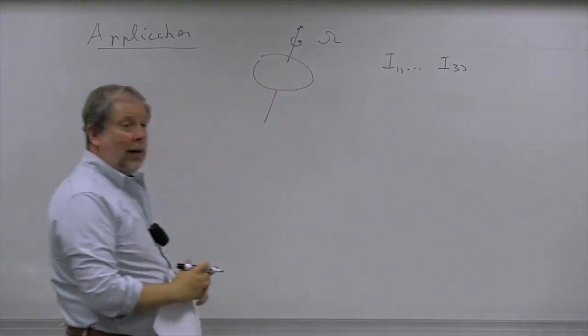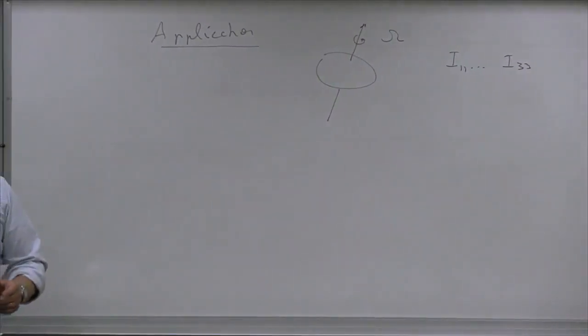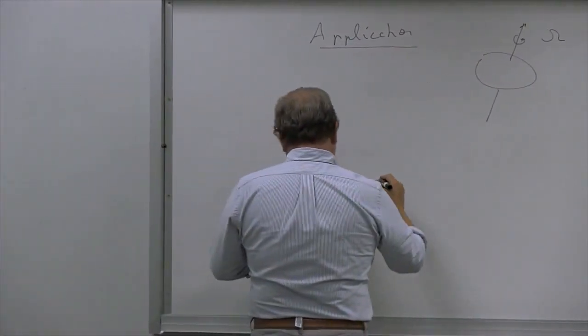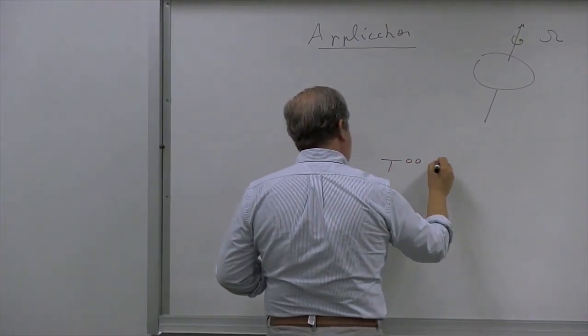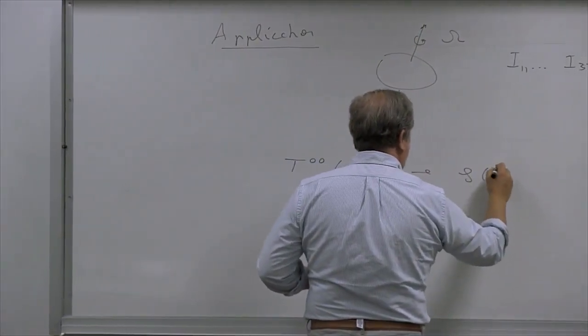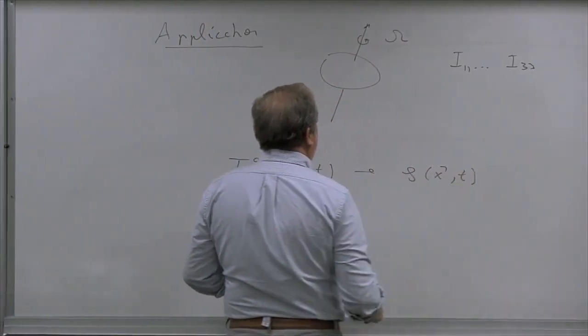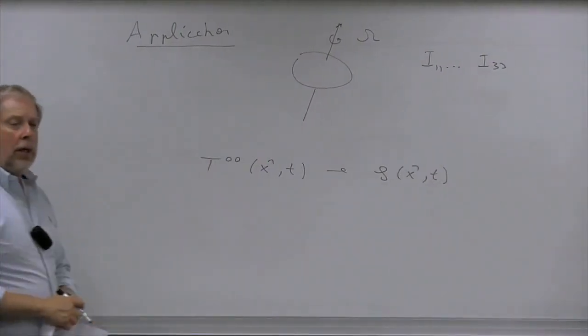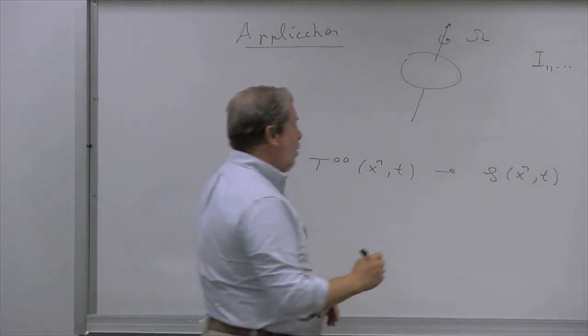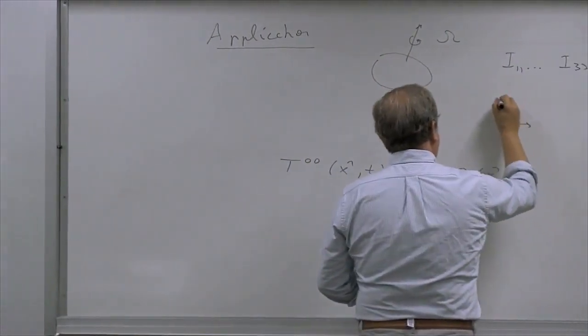And we can calculate the amount of gravitational radiation that is given out by this body using the fact that the T naught naught of x and t in this case just becomes the rho of x and t. Now we have to distinguish between two frames, a frame that is rotating with the body and another frame that is the lab frame.